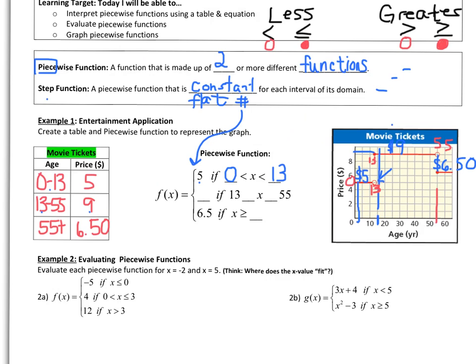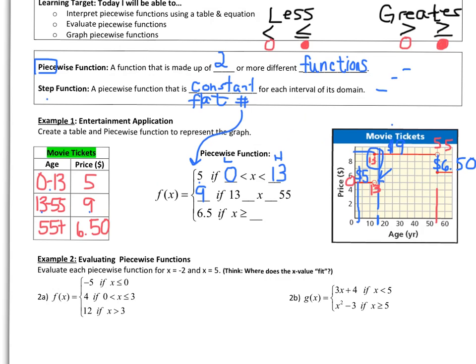When we write compound inequalities, as long as your numbers go from low to high, your signs will always point to the left like that. So the first one's done. The next ticket price was $9. And that was if x was between 13 and 55. Let's look at those endpoints. See right here how there's a closed dot on the 13?